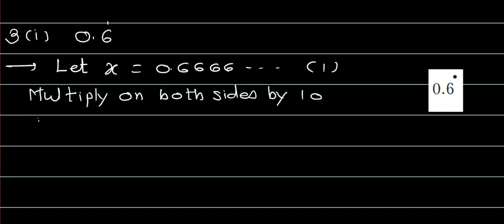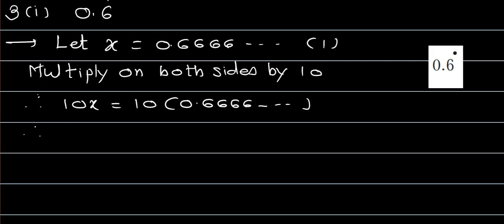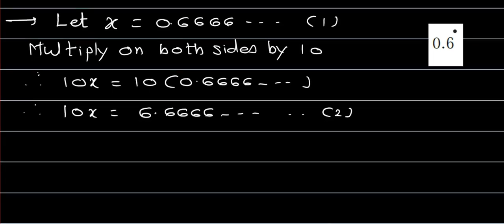10. Therefore we will get 10x equals 10 times 0.666 dash dash. Therefore 10x equals 6.66666 recurring. This is equation number 2. Now equation number 2 minus 1.